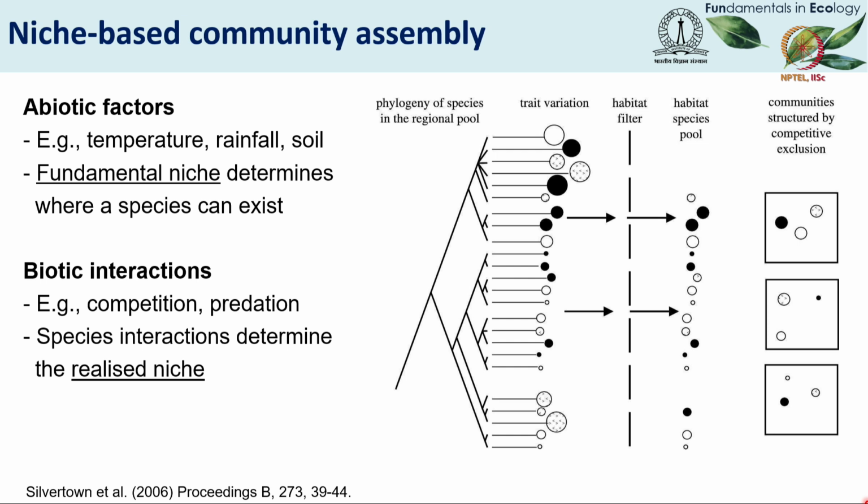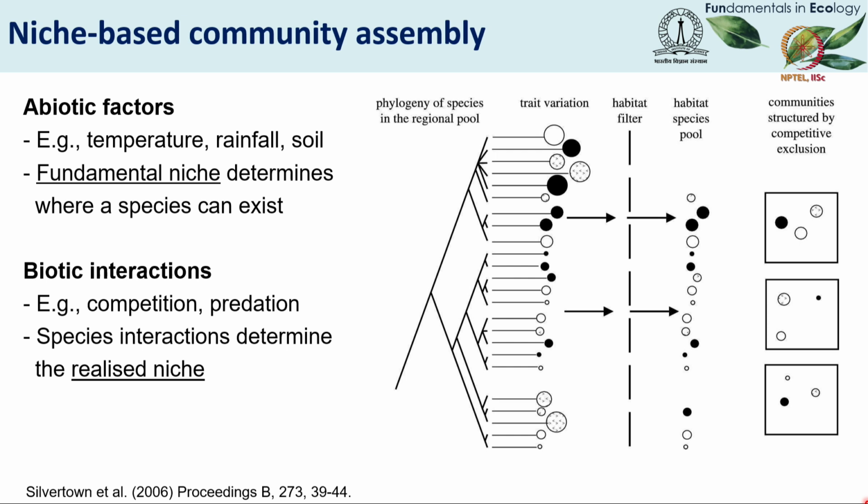However, at a very local scale, will 2 species or 3 species coexist? Will they be found together? Will they be able to coexist at very small local scales? That is then determined by biotic interactions between these species.